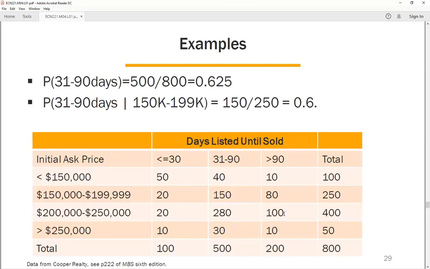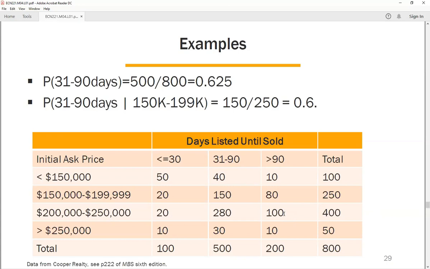So to give an example of using this concept of conditional probability, I want to think about the second bullet here. You can calculate the probability of a home selling in 31 to 90 days, because what we've got in this table is frequencies for how long it takes for a house to sell, given certain asking prices.